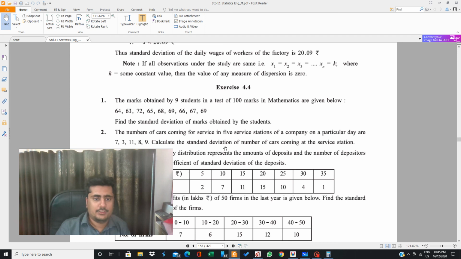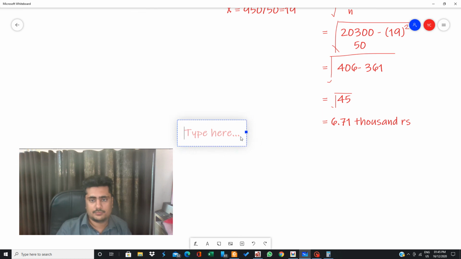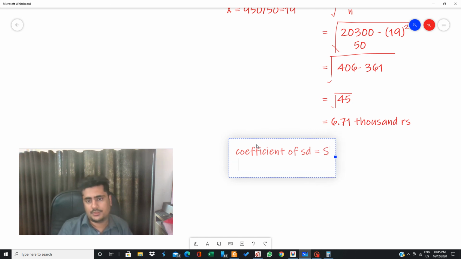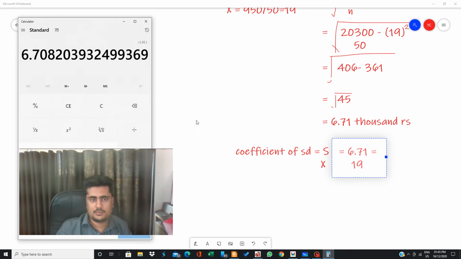You have to find the coefficient of standard deviation. So let us find it. The coefficient of standard deviation is equal to standard deviation upon mean. So this is 6.71 upon 19, which is 0.35.